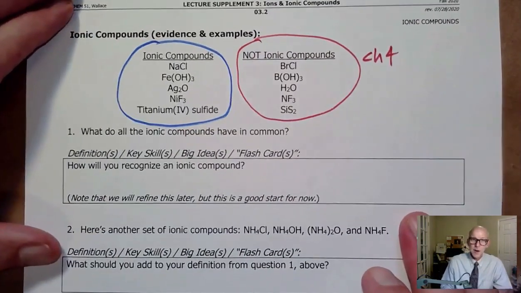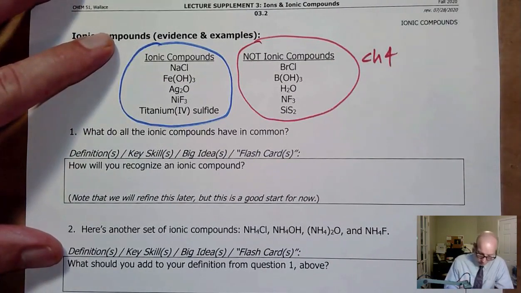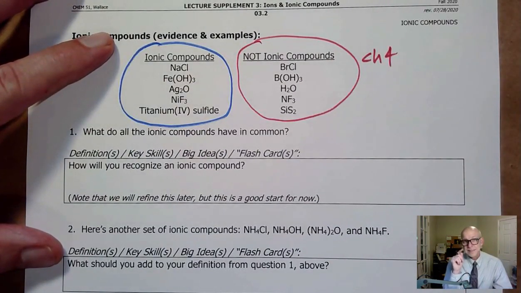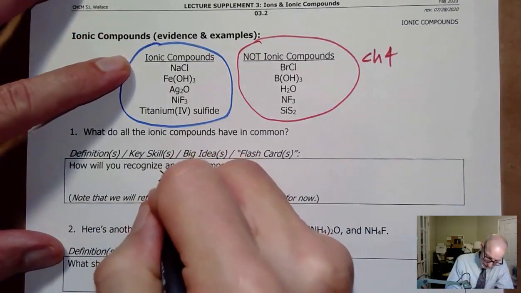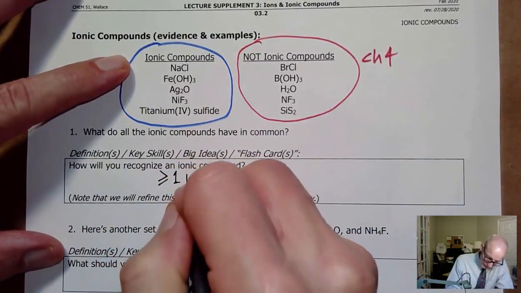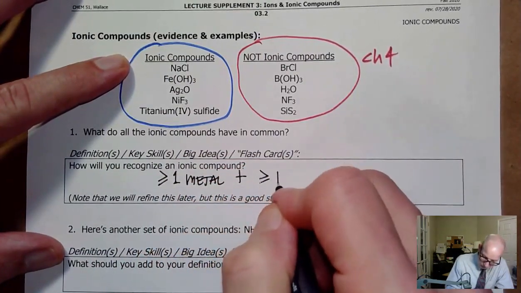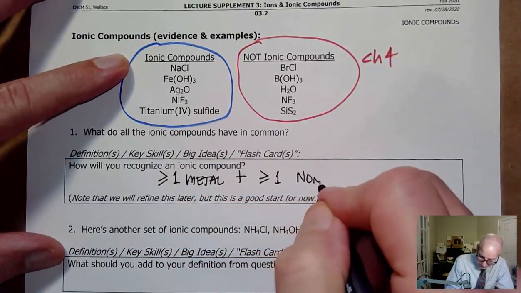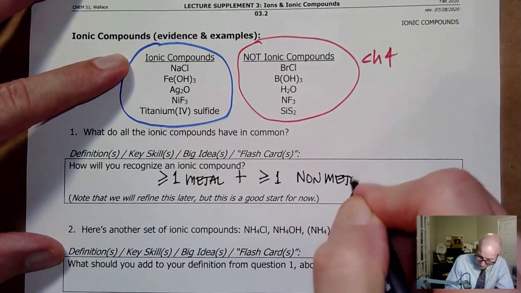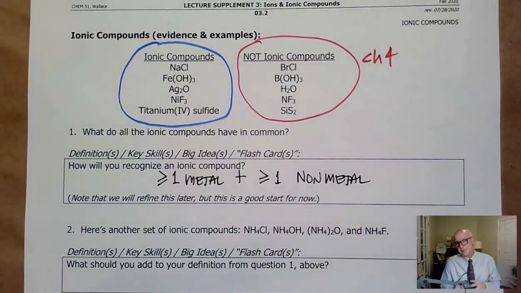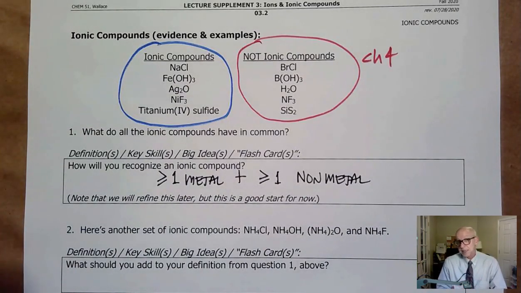So you said, oh yeah, for Chem 51, we're going to say at least one metal and at least one non-metal. Now, everything's more complicated than that, but that's a really good place to start. That'll get us 80-90% of the time.